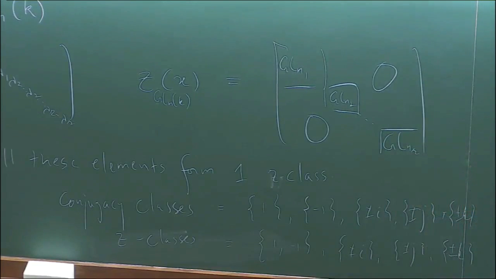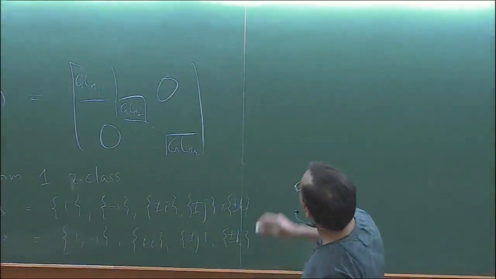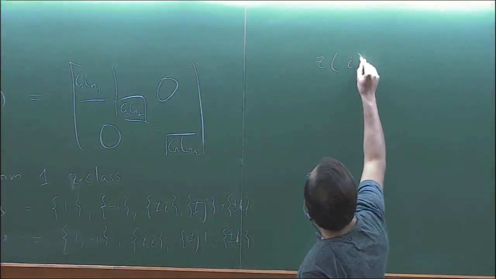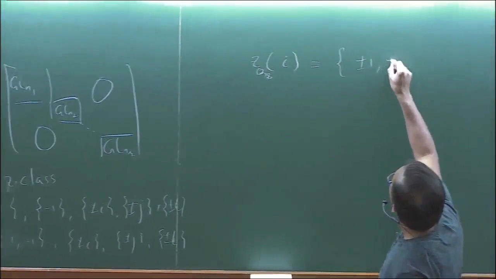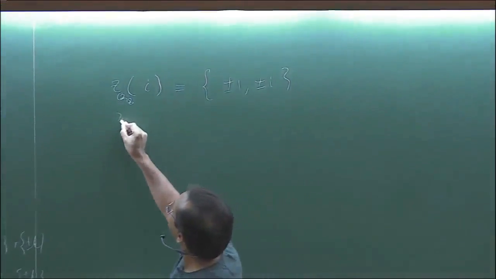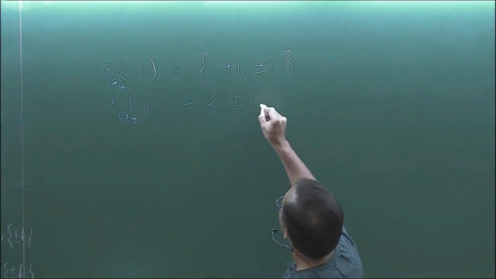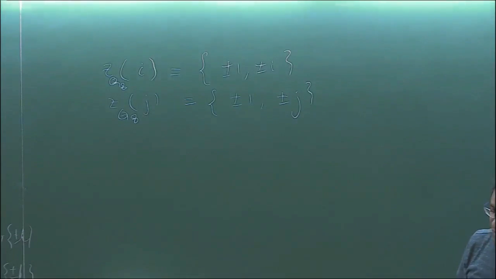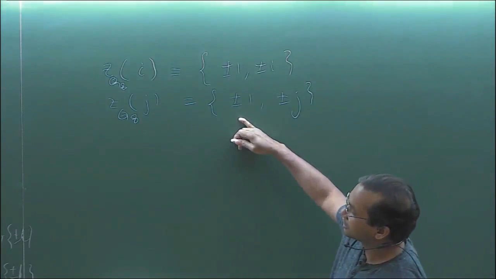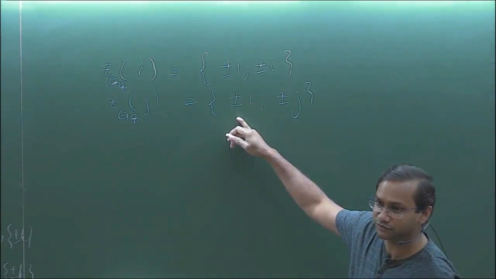I want to point out that I wrote this example deliberately. If you look at the centralizer of element I in Q8, this is plus or minus 1, plus or minus I, and the centralizer of J in Q8 is plus or minus 1, plus or minus J. You see that these two subgroups of Q8 are not conjugate, even though they are isomorphic.